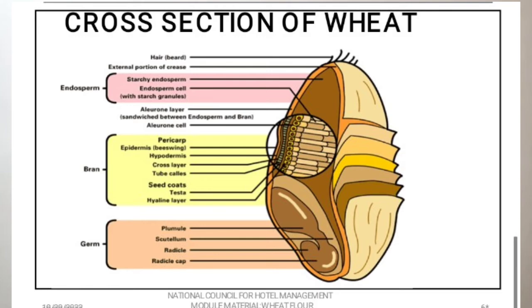Germ contains bitter oils, so it is recommended to avoid germ contamination during the milling process. It will affect the keeping quality of the wheat, so it is always better to avoid germ contamination during the milling operation.